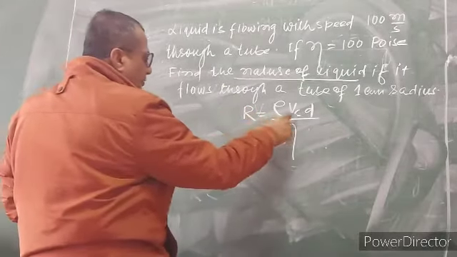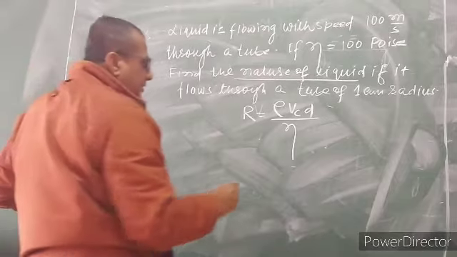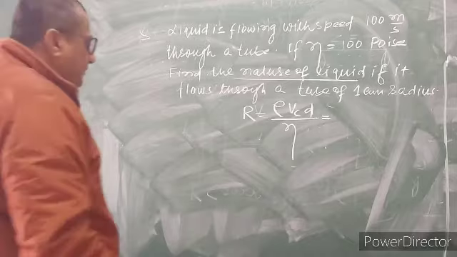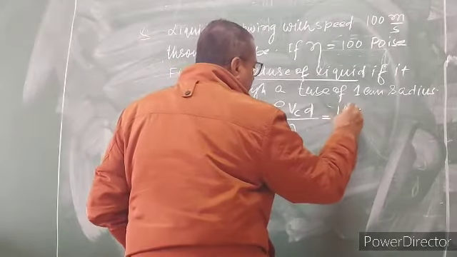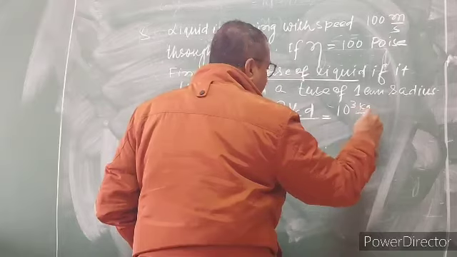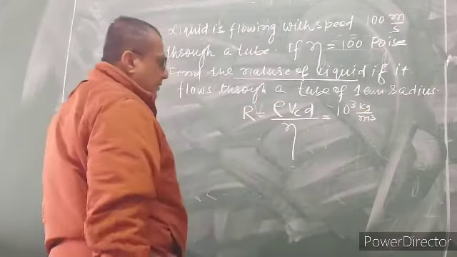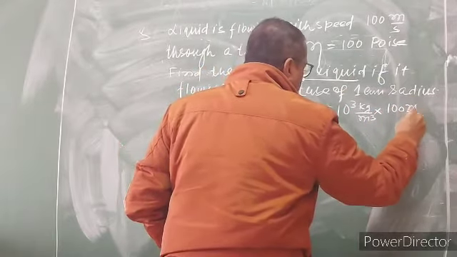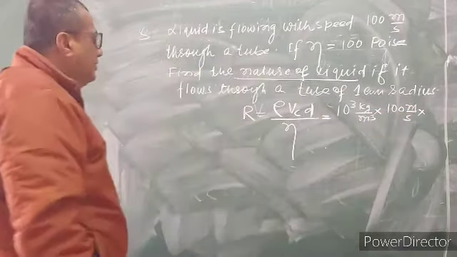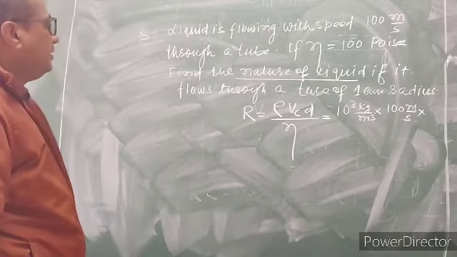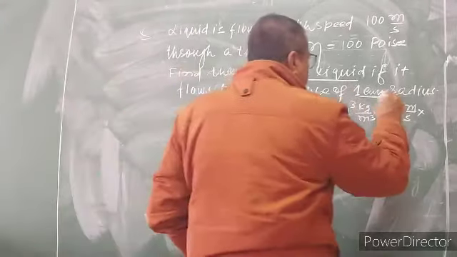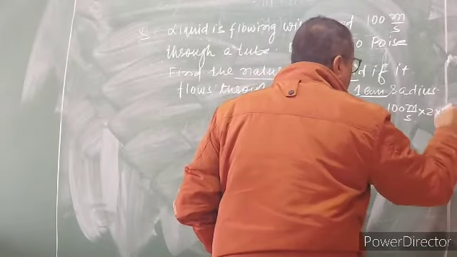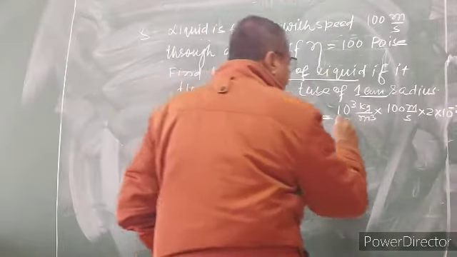Here rho is the density of the liquid, 10 to the power 3 kilogram per meter cube. Here Vc is the speed, 100 meter per second. Here is the diameter of the tube; radius is given as 1 centimeter, so diameter will be 2 centimeter, 2 into 10 to the power minus 2, divided by eta.